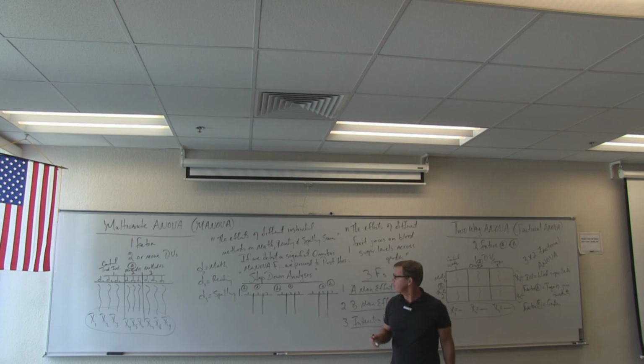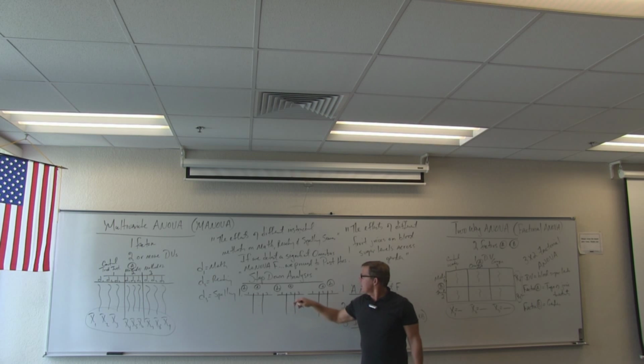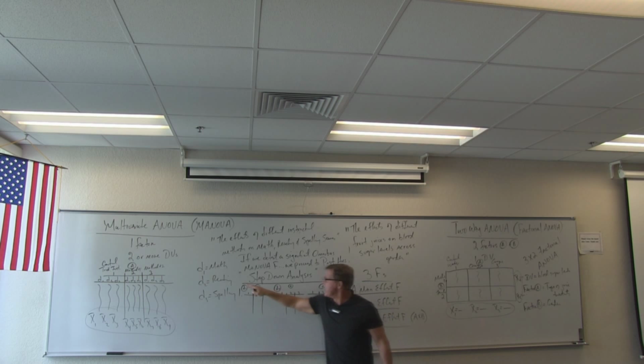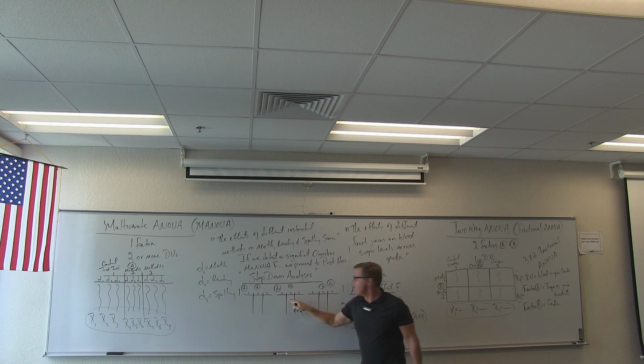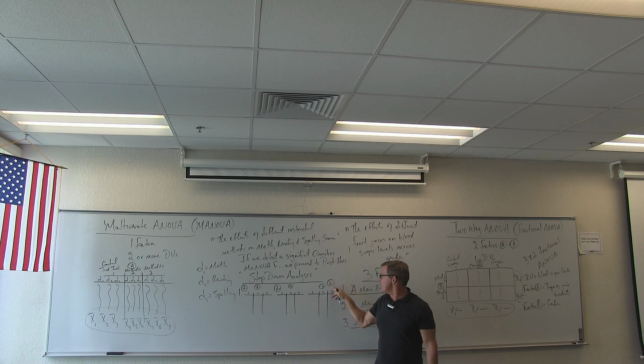Okay, let's try this again. The one-way ANOVA on D2, which is reading. If I have a non-significant F statistic here, what's my next step? Stop. If I have a significant omnibus F on D3, what's my next step? Post hoc in the form of Tukey, Scheffé, Dunn, or Bonferroni.